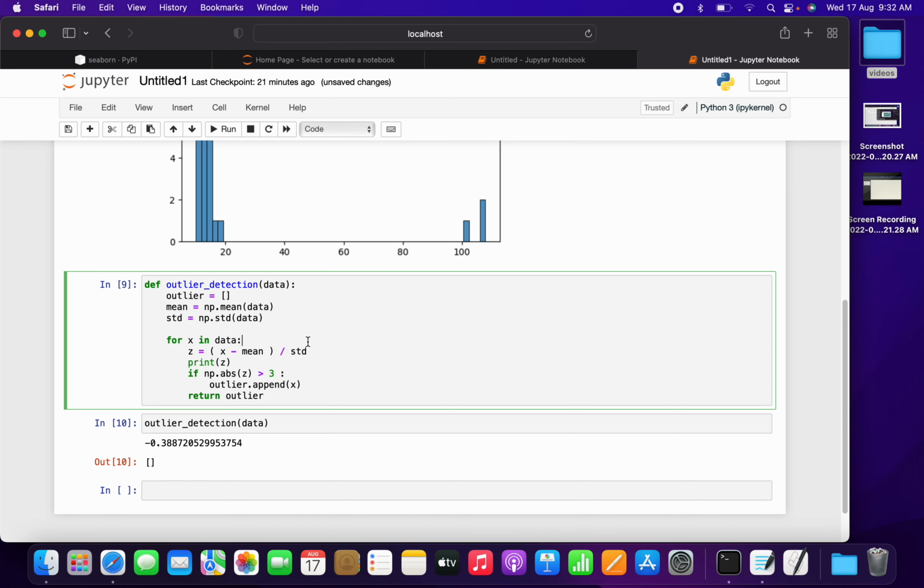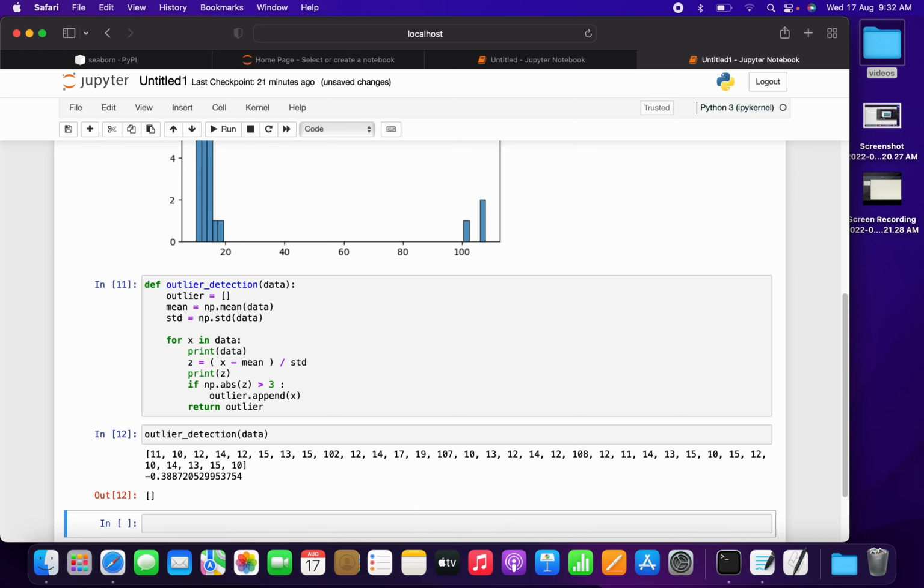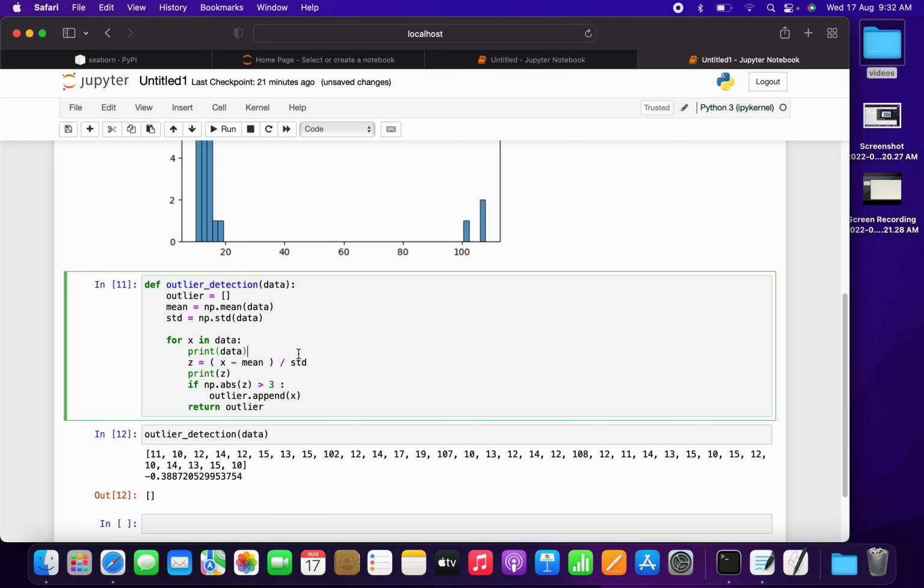Let me see what is wrong. Let me print data. Okay, this is our data, and for x in data, the data is printed correctly.